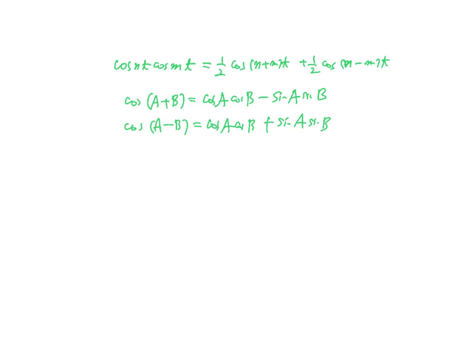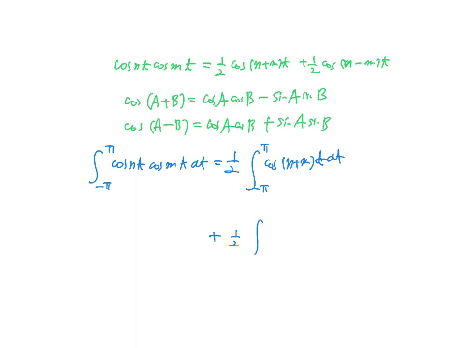So this integral, from minus pi to pi of cosine nt cosine mt dt, is 1/2 the integral of cosine (n plus m)t dt plus 1/2 the integral of cosine (n minus m)t dt.